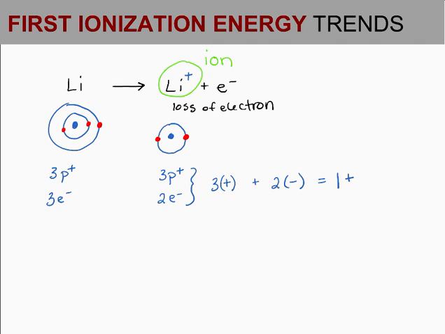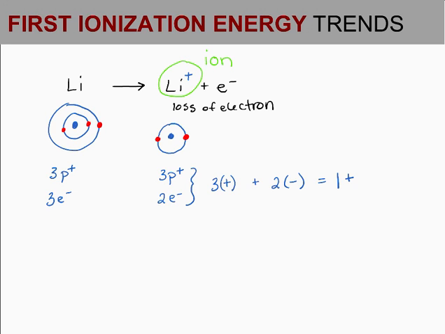So previously we said that different atoms of the same element can have different numbers of neutrons. We said that the number of protons will always stay the same for an element. And now we can see that we can have different numbers of electrons as well. And this is going to result in what's called an ion.